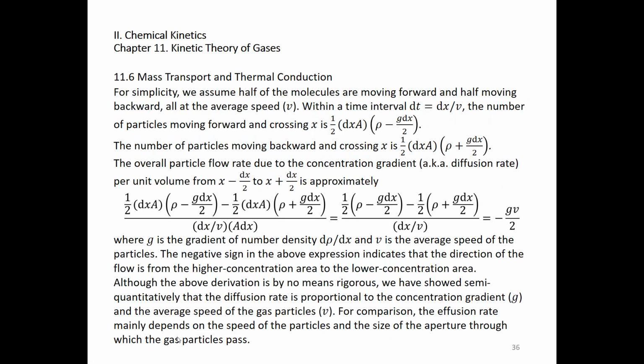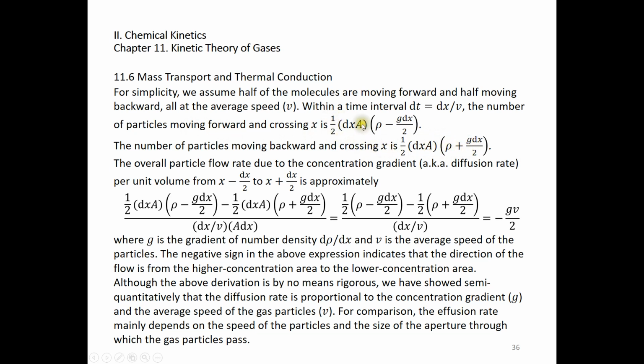For simplicity, we're going to assume half of the molecules are moving forward, half moving backward, at an average speed v. So within a time interval dt as dx over v, the number of particles moving forward and crossing x is this much. So it's going to be 1/2, just because we're going to assume just 1/2 of the particles are moving forward and cross the midpoint.